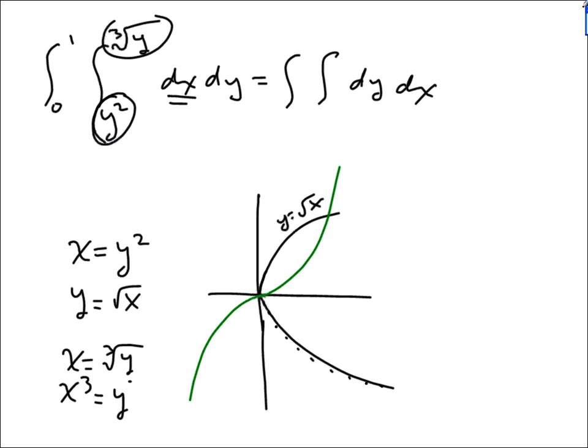Now, we're integrating over this closed area. y is x cubed, or x is the cube root of y. x is y squared, right?